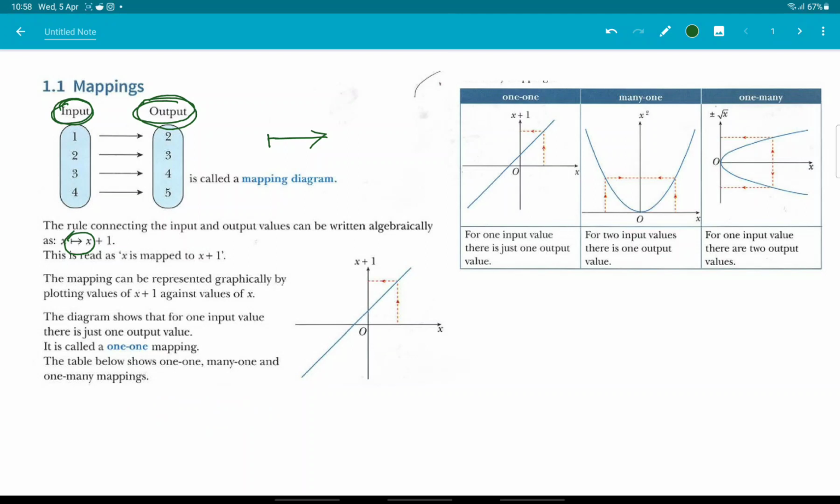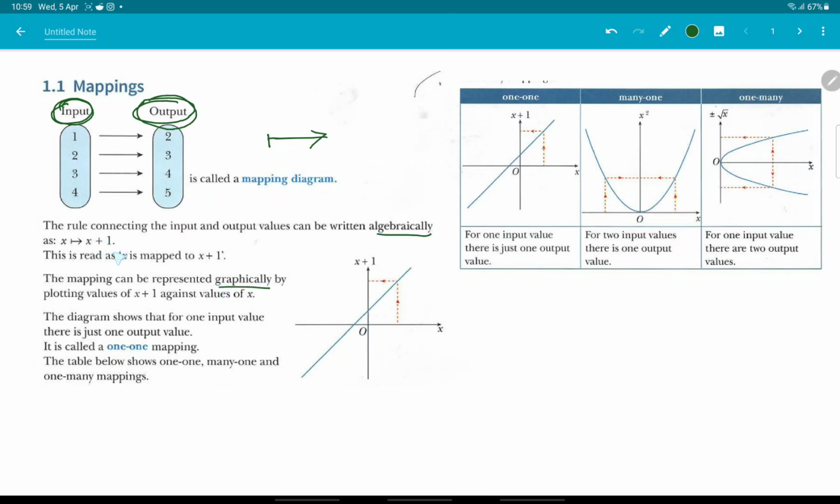Now we look at the next text. The mapping can be represented graphically by plotting the values of x plus 1 against the value of x. So from this we have two ways to represent the mapping: algebraically and graphically.